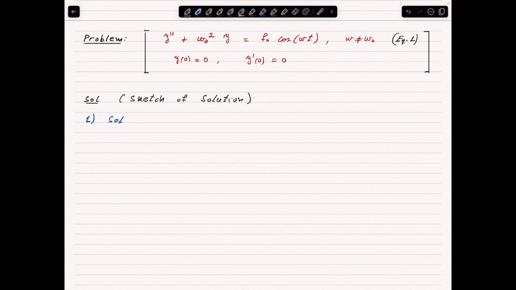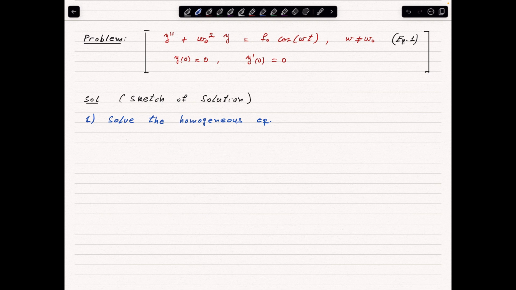We need to solve the homogeneous equation. And what is that? It's the equation we mentioned before.